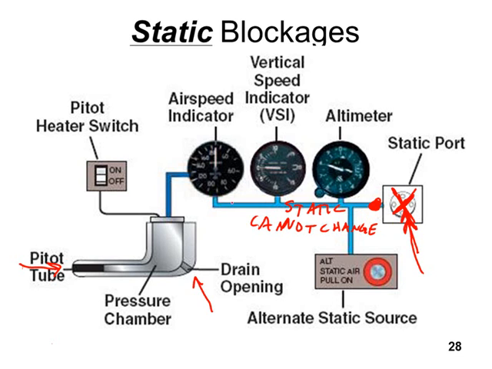So the pressure inside here stays the same, but as I accelerate and go higher, my airspeed indicator worked. But as I went higher and higher and higher, remember, most of the time the static pressure gets less as you climb.